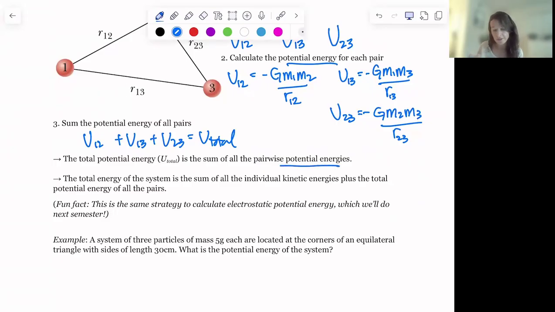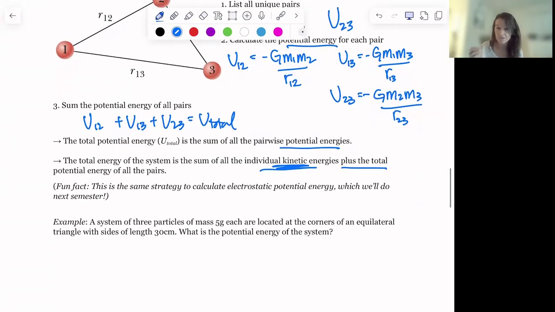And then the total energy, if you were ever asked that, would be this plus all the total kinetic energies. So essentially you're just adding up all of the energy. And this strategy is important also because very soon we're going to be talking about electrostatic potential energy, and it's the same type of thing that we do.